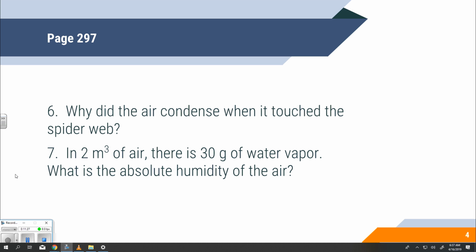For example, grass, leaves, and other objects near the ground lose heat at night. Their surface temperatures drop. When air comes into contact with these objects, it cools. It can cool enough to reach its dew point.